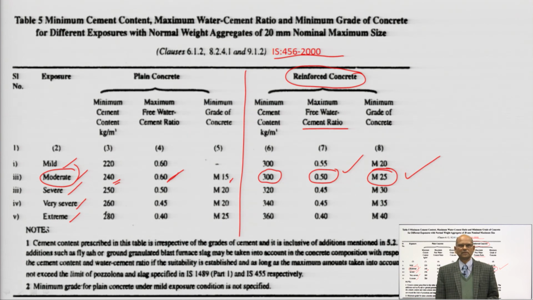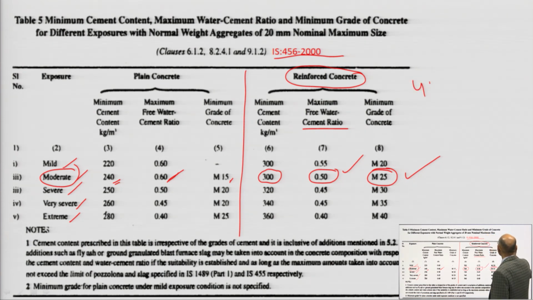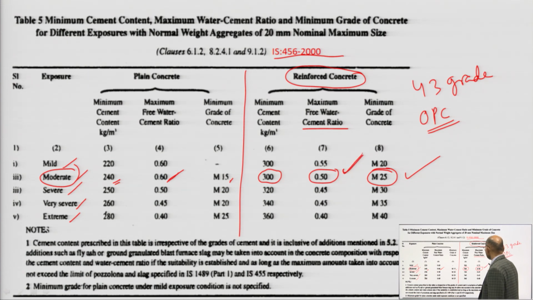If you are using that, then the water cement ratio will be based on that ratio, but in our case we are using only 43 grade OPC, ordinary Portland cement. So, in that case the maximum free water cement ratio required is 0.5.